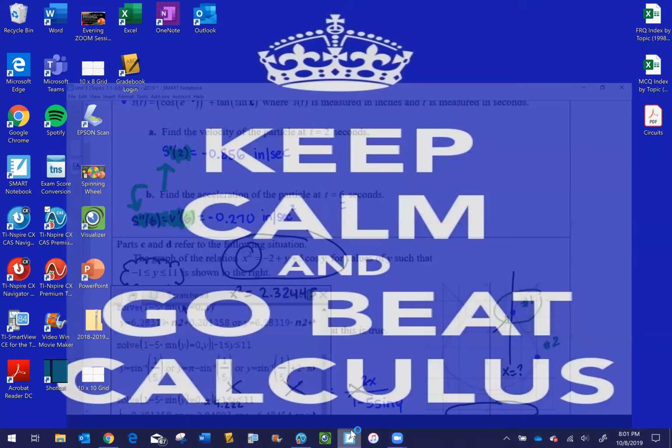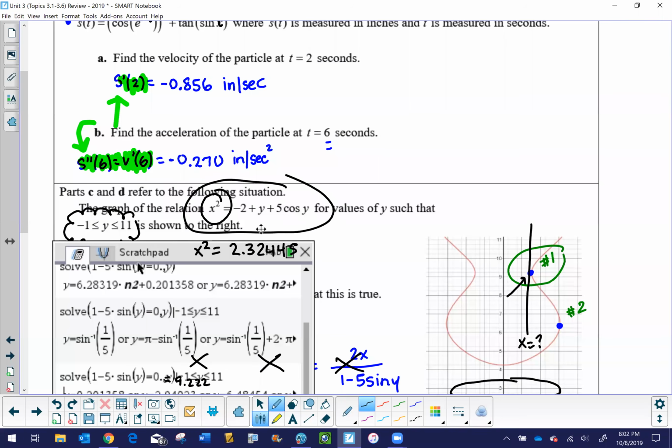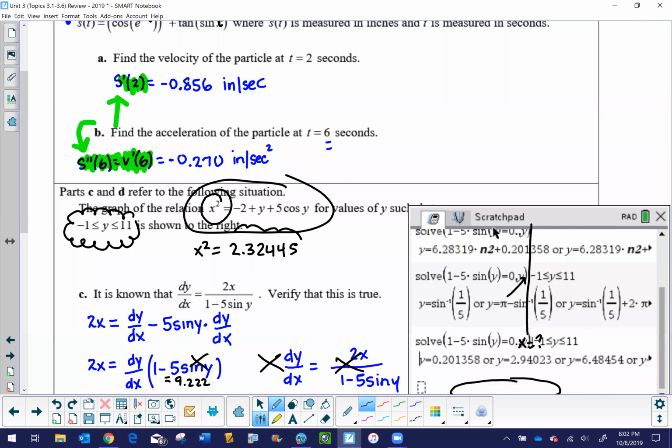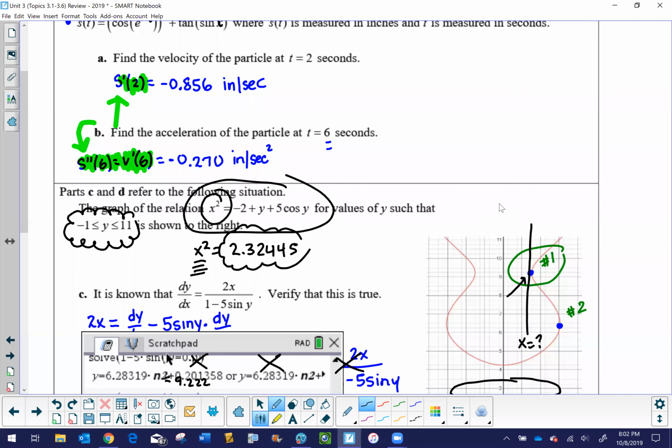But anyhow, what I am trying to show you is that we would have to take the square root of this number to get x by itself. And the square root of that number, as you can see, is going to yield a positive and a negative. And the negative is going to be that value that we don't want.